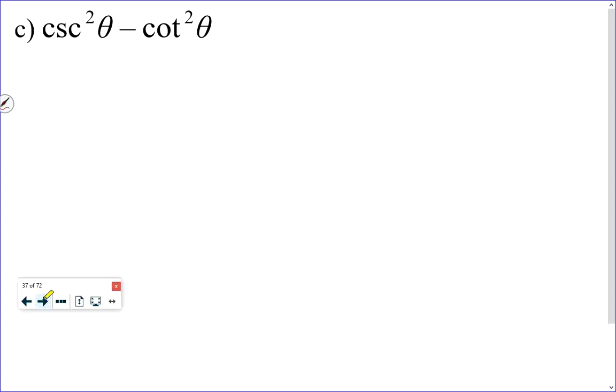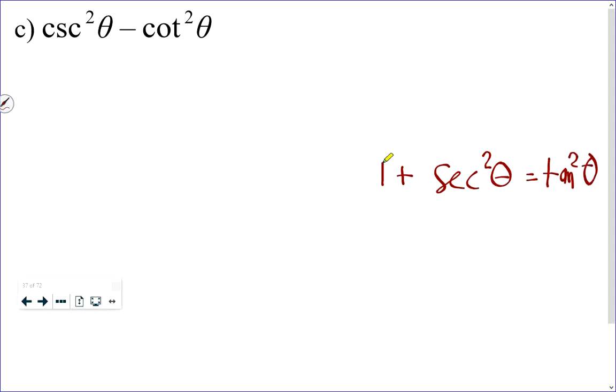Let's go to our Pythagorean identities, which I am going to guess, because I don't use them often enough to have memorized them, even after doing this for decades. Is one of the Pythagorean identities 1 plus secant squared of theta equals tangent squared of theta? No? Cotangent? 1 plus tangent squared equals secant squared. Gotcha.